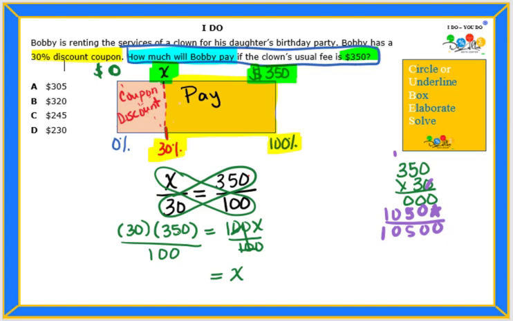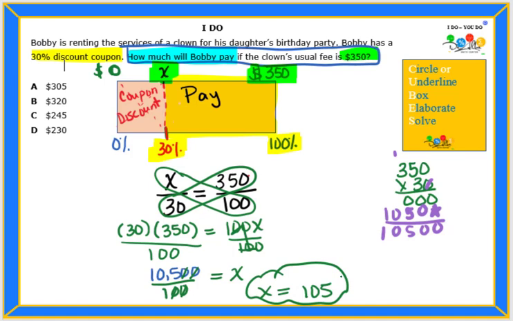And when we multiply 30 times 350, we got 10,500. And we still have to divide by 100. So an easy way to do this is to divide both the numerator and the denominator by 100, which would eliminate these two zeros. So we have 105 divided by 1. So x equals 105.